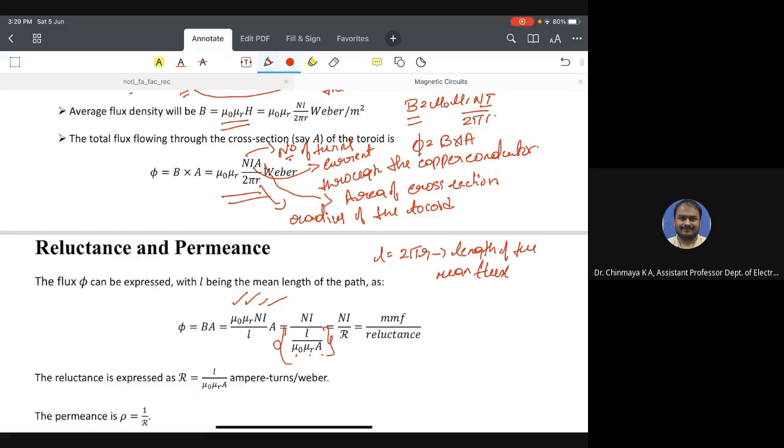This term we can reduce as reluctance, the reluctance of the magnetic path. In a magnetic circuit, reluctance is similar to resistance in an electrical circuit.